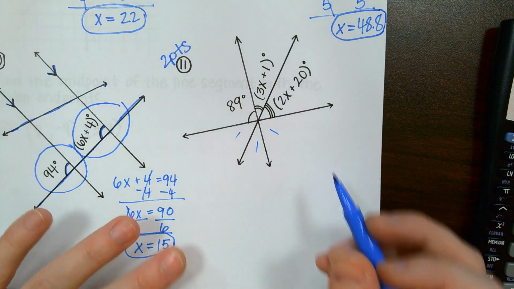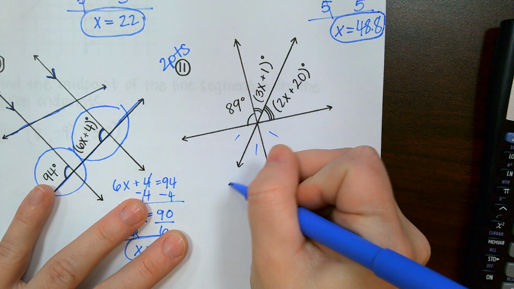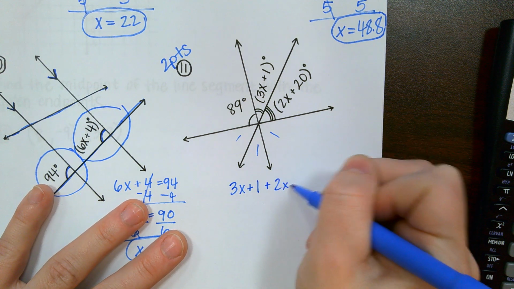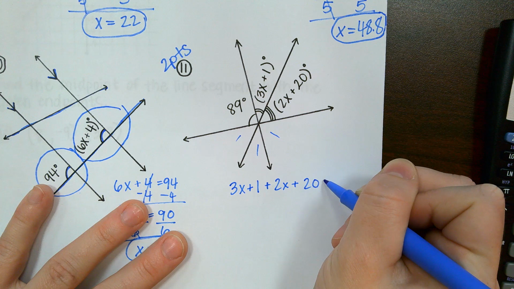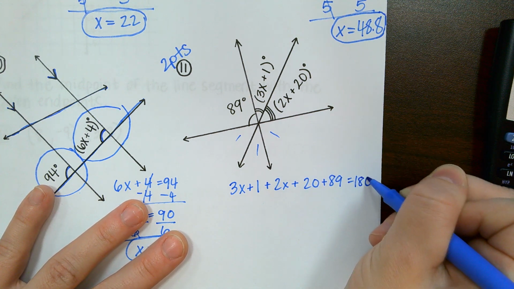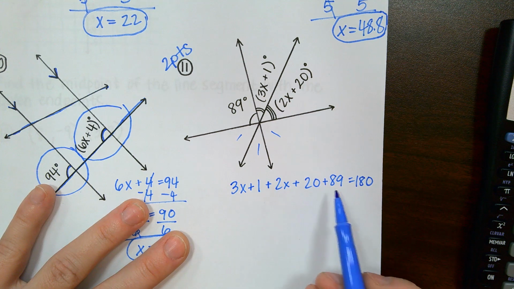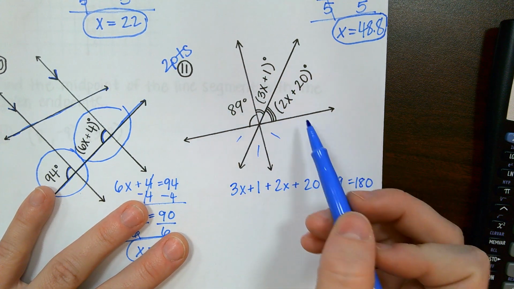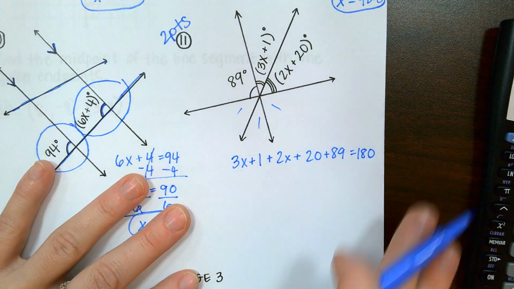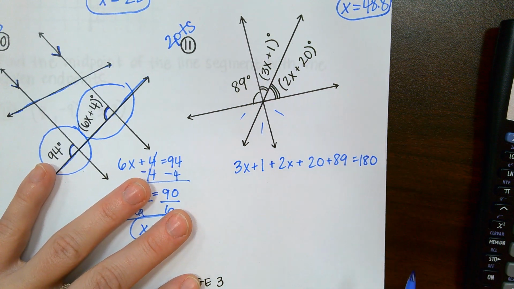So let's just do that. 3x plus 1 plus 2x plus 20 plus 89 equals 180. Now, it doesn't matter what order you put these in. You could have put the 89 first or the 2x first. It doesn't matter, as long as you write them all and we combine them properly.